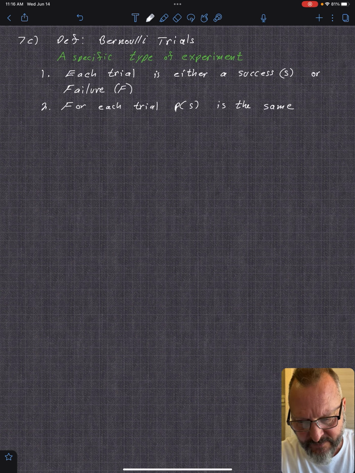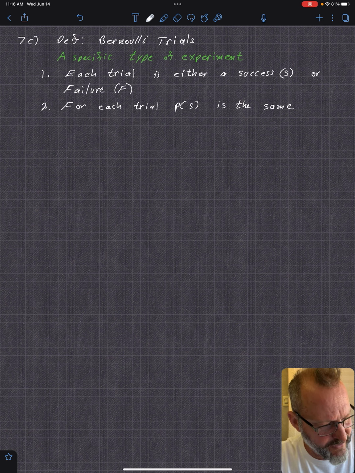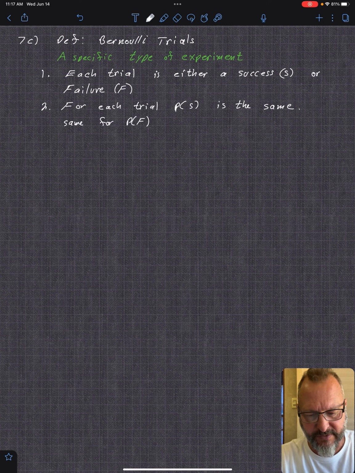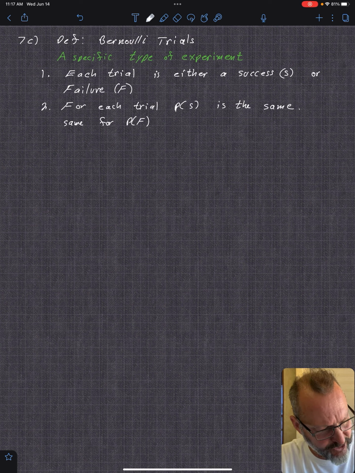So for each trial, the probability of S is the same, and the same goes for the probability of failure. It has to be the opposite. So some notation.